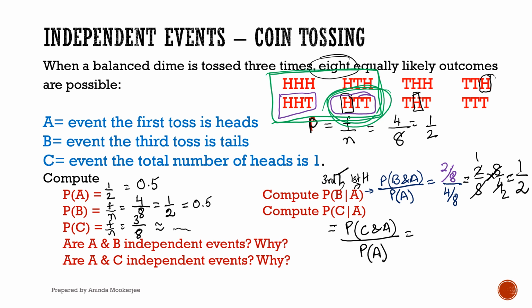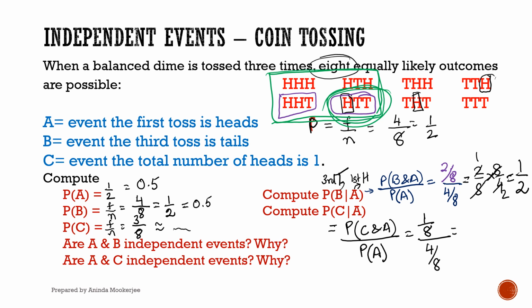Where the first toss is heads and the total number of heads is 1. And then divided by the probability of A, which is 4 over 8.